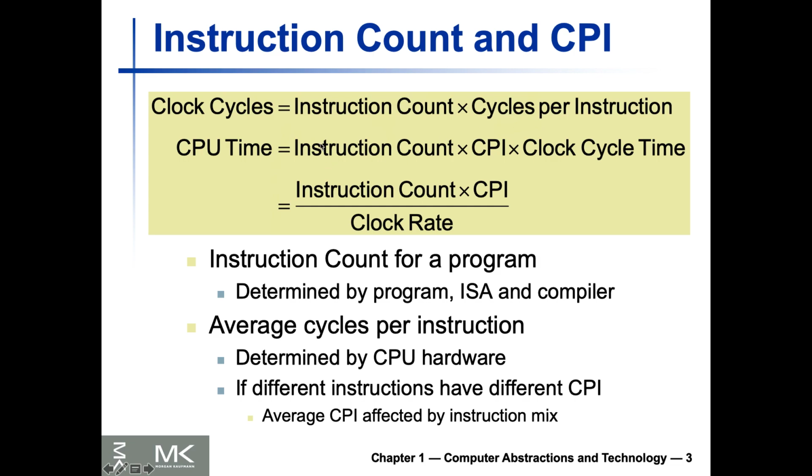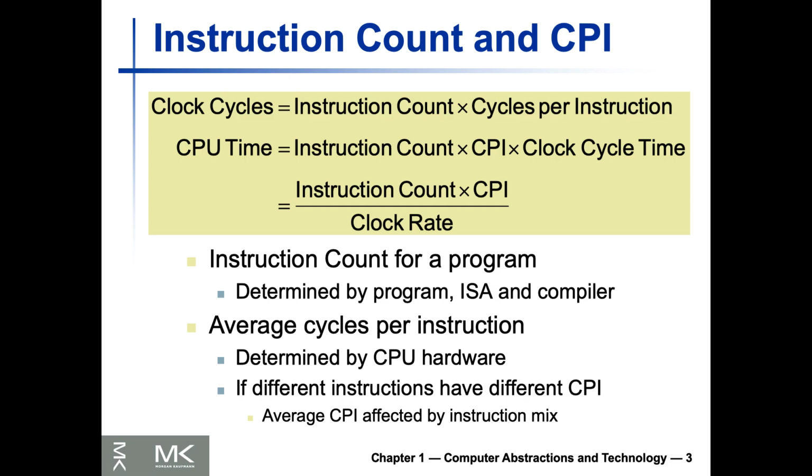And just like that, we could compute the CPU time as the multiplication of instruction count (IC), clock cycles per instruction (CPI), and clock cycle time, right? That would be equal to your instruction count multiplied by CPI divided by the clock rate of the processor.